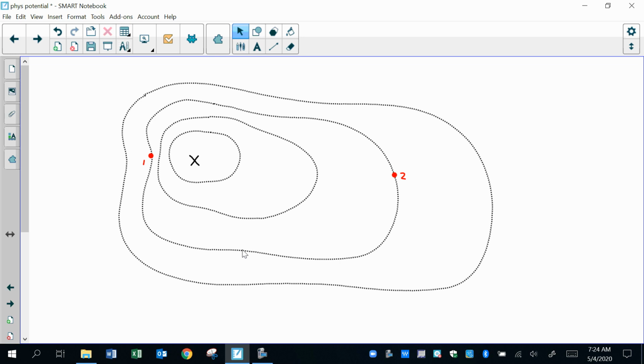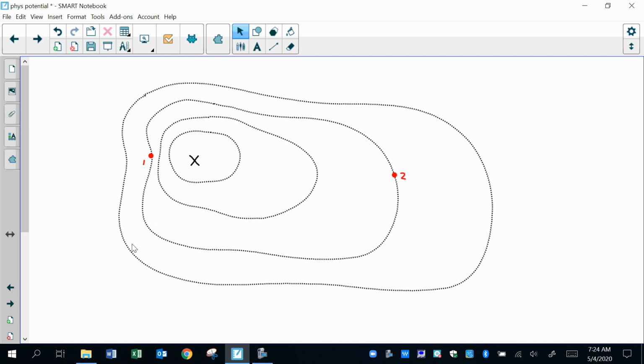When you're using this for navigation and for travel and for fun maybe because you like maps, you're not thinking about physics. But we know that in physics we can take this height and we can relate it to energy and to potential. So these lines aren't just showing me what my height is, they're also giving me an idea of what my potential energy is, what my potential is.